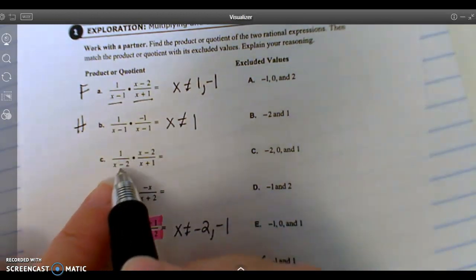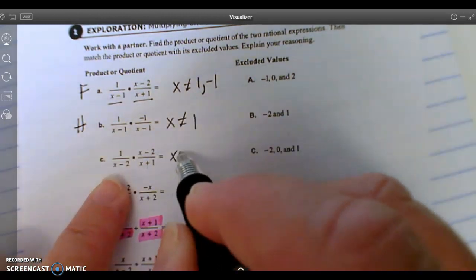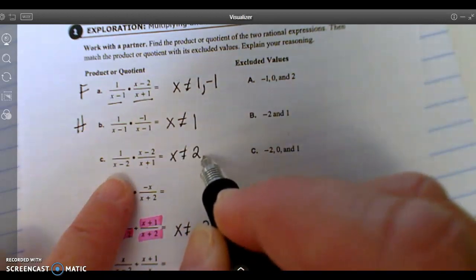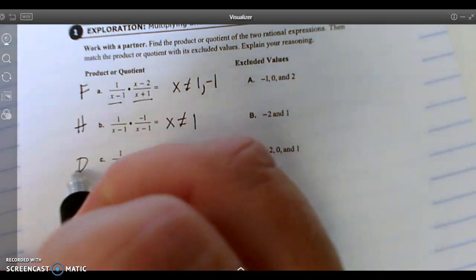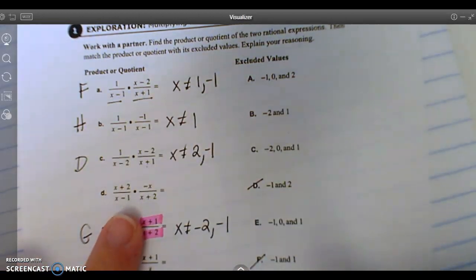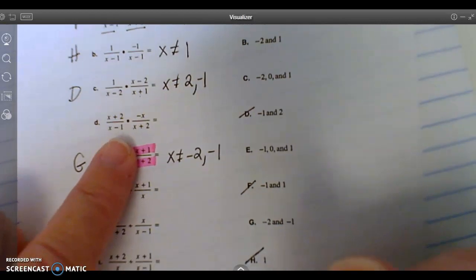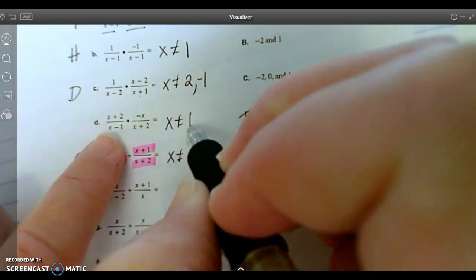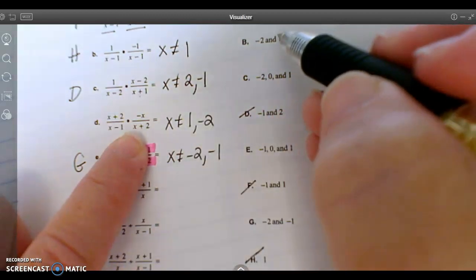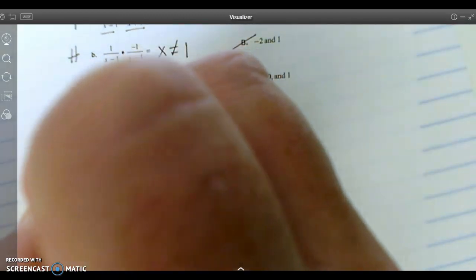Still a product, so I'm still just looking at the bottom. It can't be positive 2, and it can't be negative 1. That is D. Okay, next. It can't be 1 or negative 2. So B.